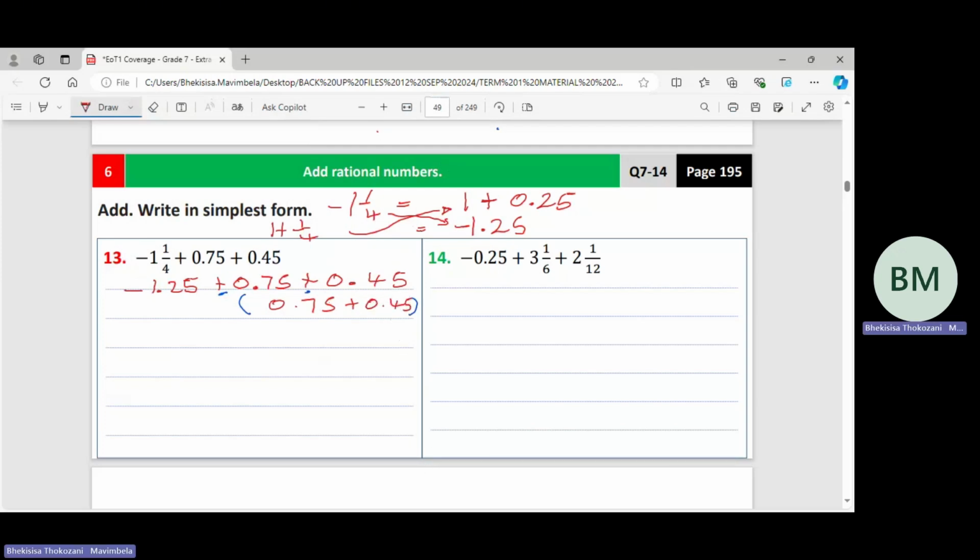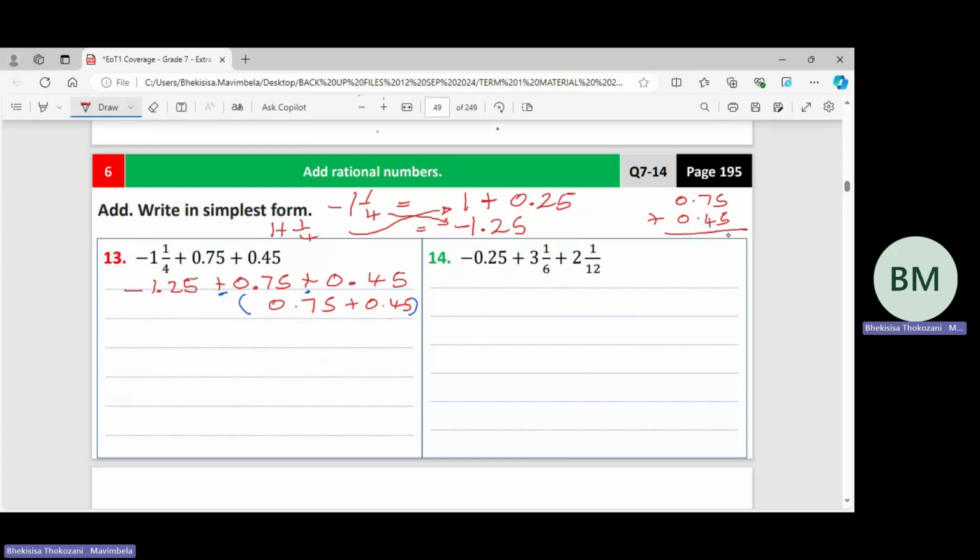Now I will have some few notes down there so that you can see what I'm doing, or I can just do it here on top. 0.75 plus 0.45.